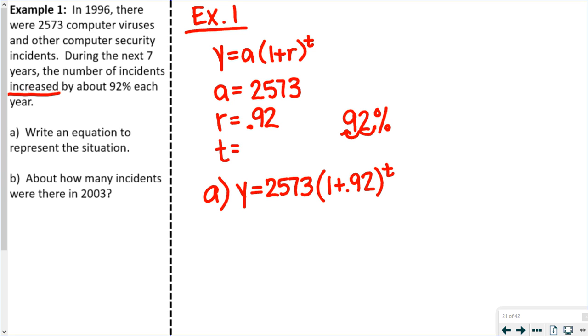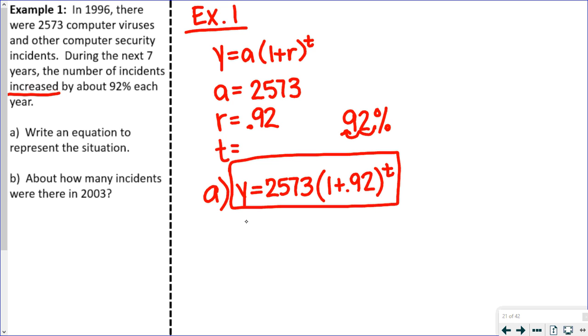Again, this 7 up here is not telling us to plug in for part A. They're just saying that this rate went on for 7 years. Okay, so part A is finished. Whenever they just ask you to write the equation to represent the situation, the y and the t need to be in your equation. So all you're plugging in is the a value and the r value.